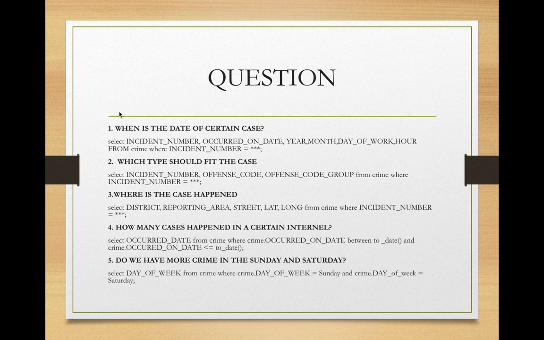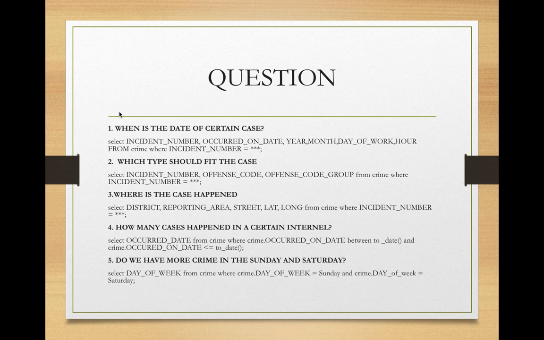Since there are a lot of types, it's important to determine what kind of type it is. So our query should be select incident number, offense code group from crime, and, oh, I forgot something, the description from crime, where the number equals, you can select the crime you are interested in depending on yourself.